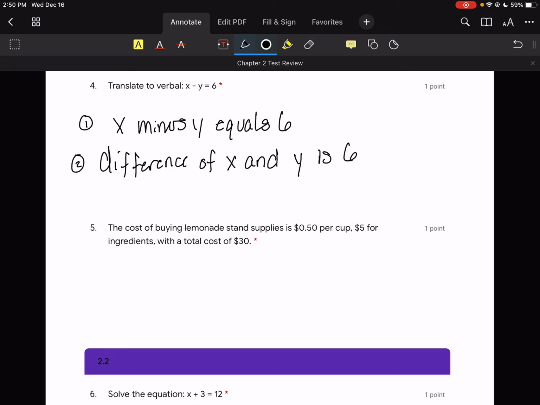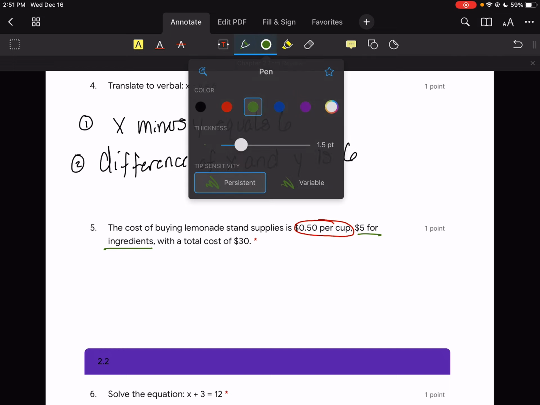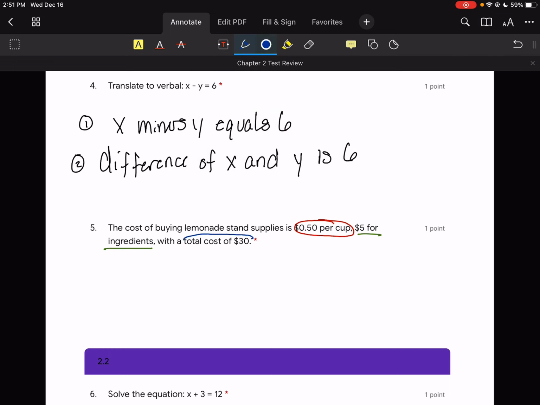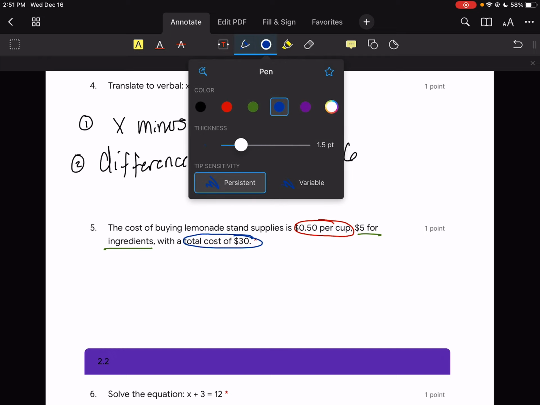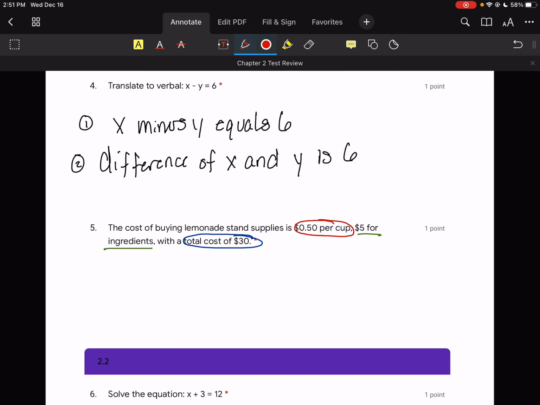Number 5, the cost of buying lemonade supplies is 50 cents per cup, $5 per ingredient, with a total cost of $30. So if I have 50 cents per cup, that means every time I put a cup in my cart, I'm adding 50 cents.